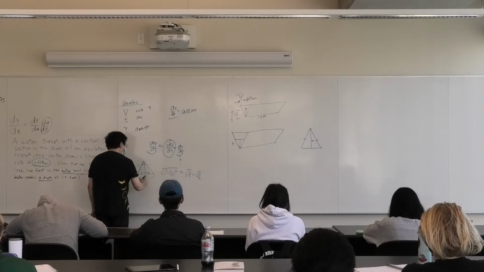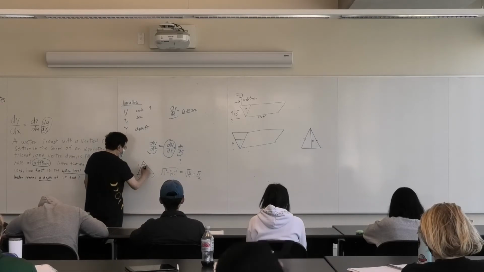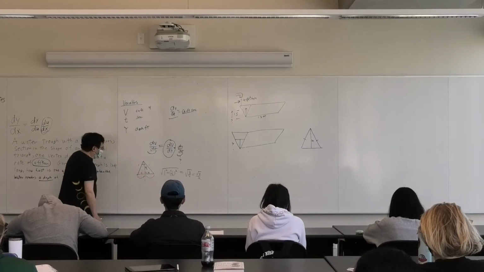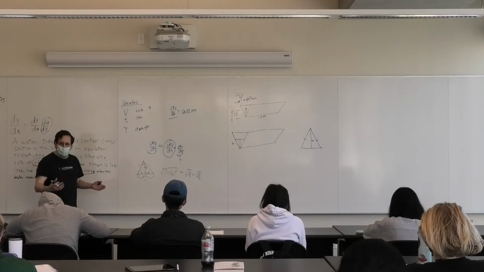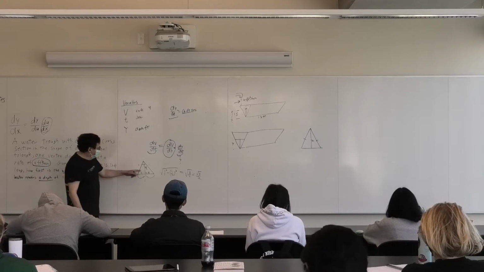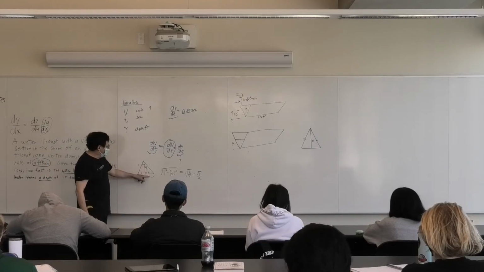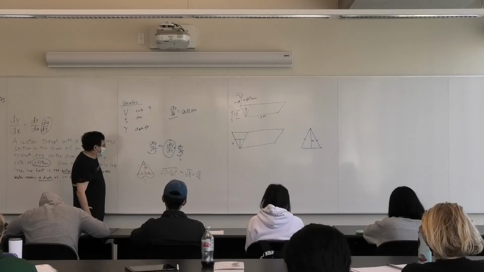Square root of 3 over 2, that's my height. And if I wanted the area of this triangle, it's 1/2 base times height, so square root of 3 over 2 times a half times a half, or square root of 3 over 8.